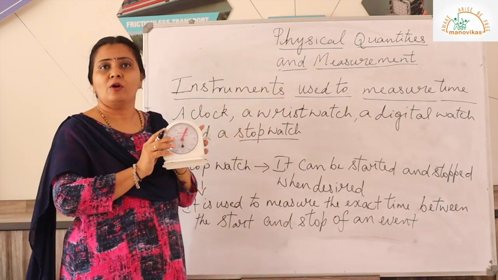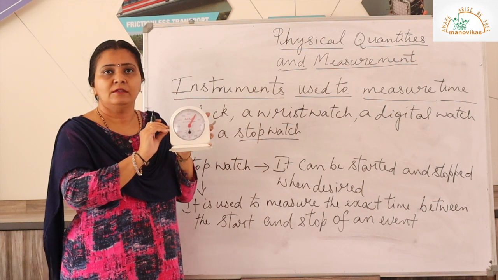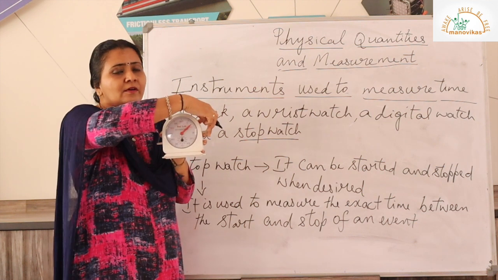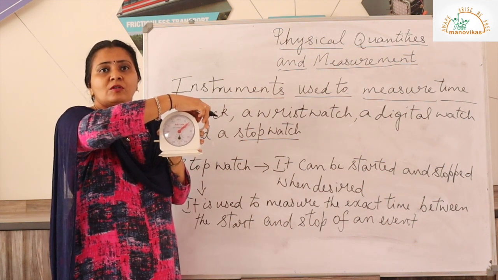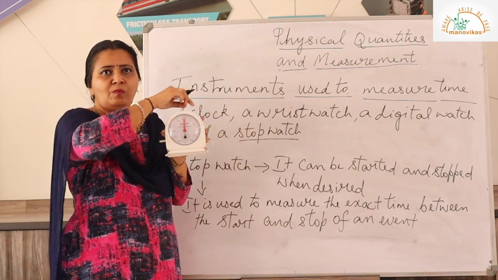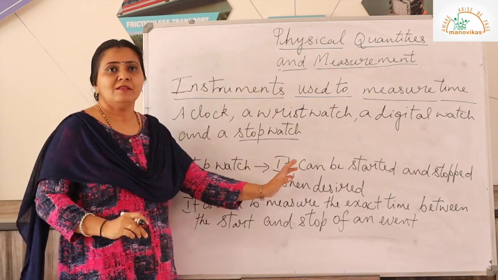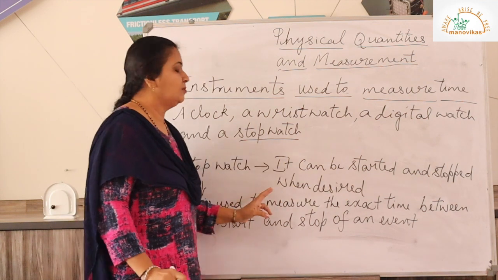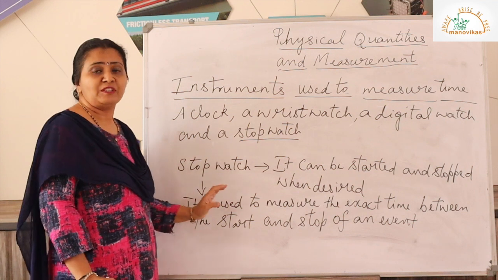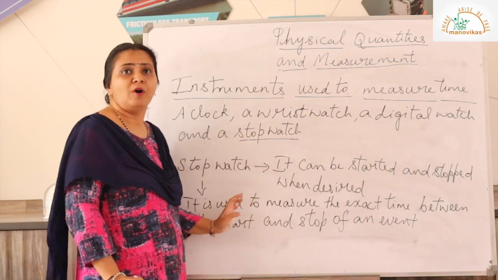This is a stopwatch. There is a start and a stop button, and there is a reset button which resets the initial reading back to 0. A stopwatch can be started and stopped when desired, and it is used to measure the exact time between the start and stop of an event.